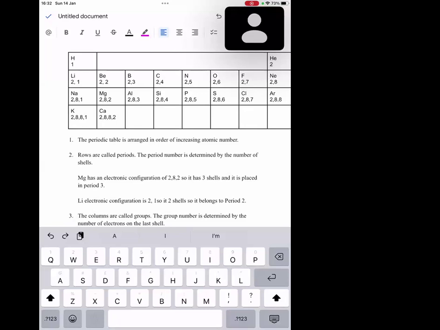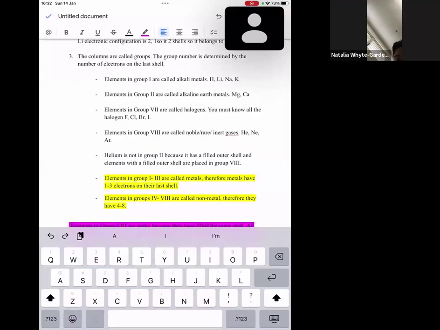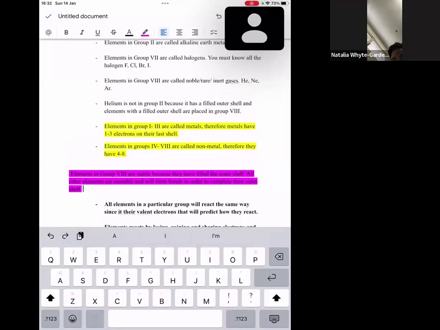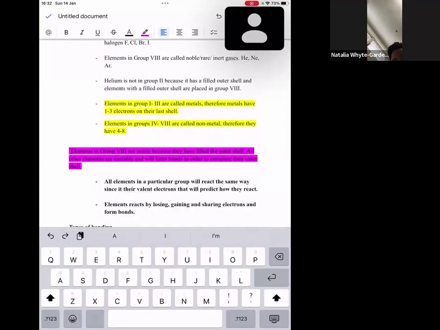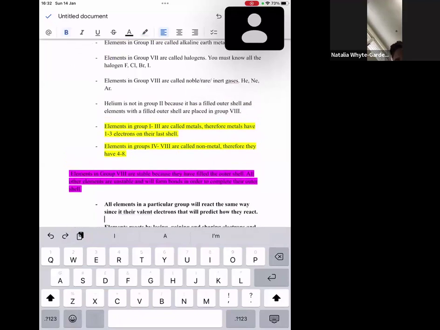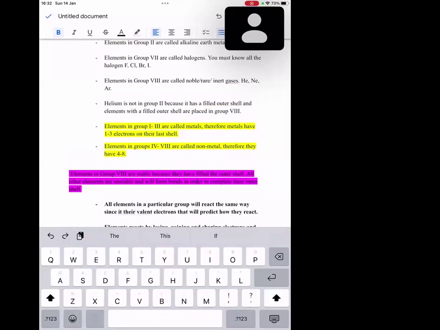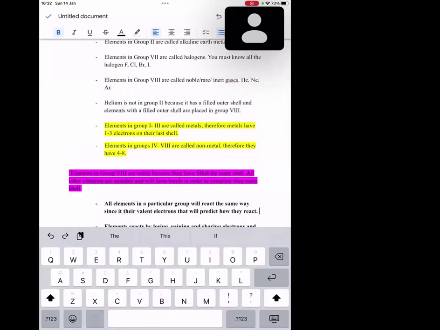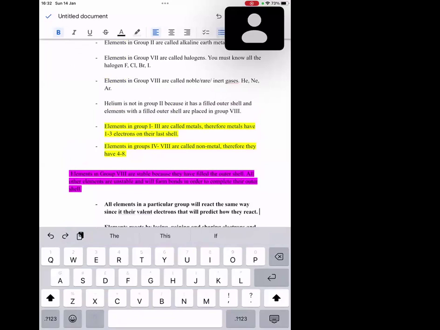Yes, miss. Good. So elements in a particular group will react the same way, since it's their valence electrons which will predict how they react. Elements will react by losing. Miss, can you repeat what you said a while ago? Which part?